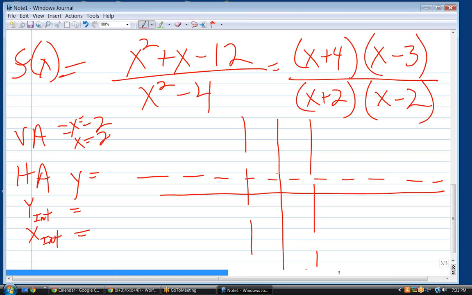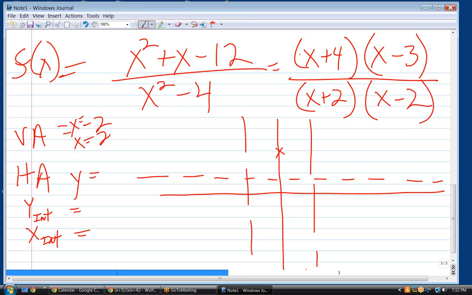So positive 3, which is above this horizontal asymptote. So there's our y-intercept. Do we have any x-intercepts? It would be wherever the numerator is 0.